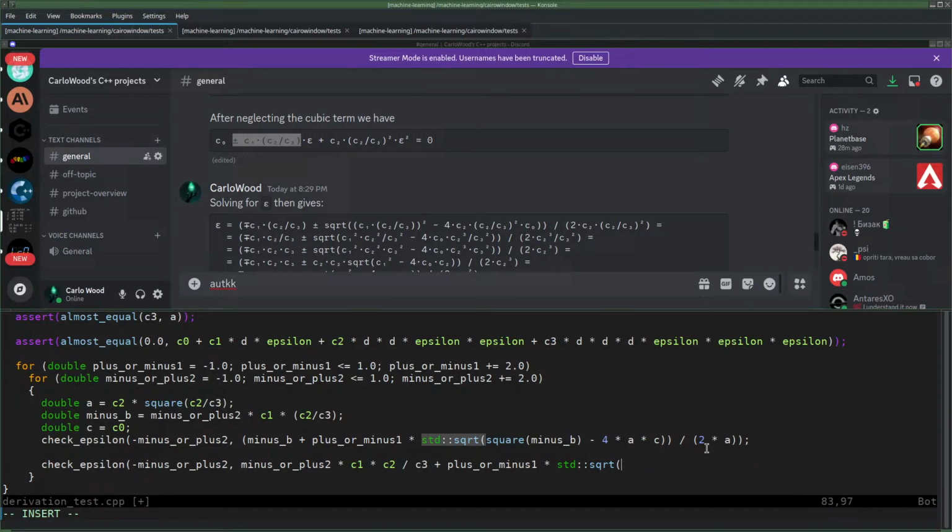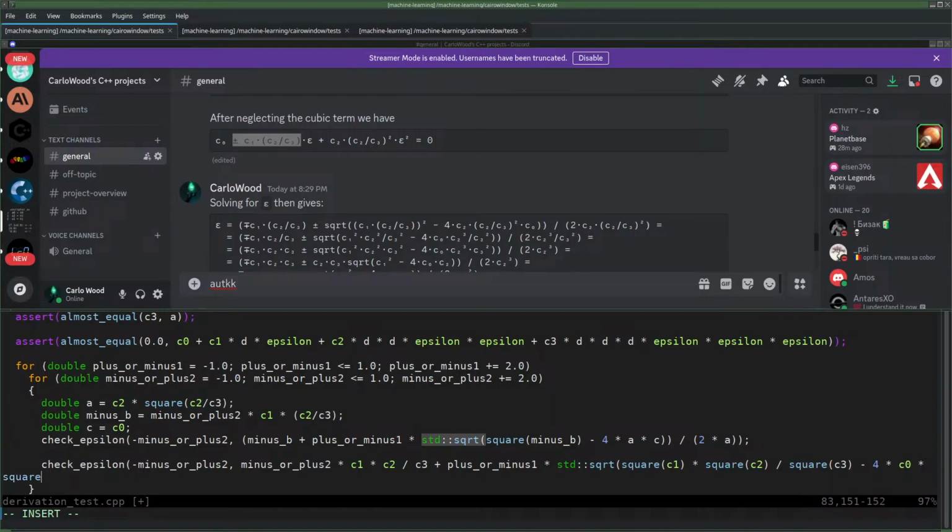Okay, so now I have the square of c1 times the square of c2 divided by the square of c3 minus 4 times c0 times the third power of c2.